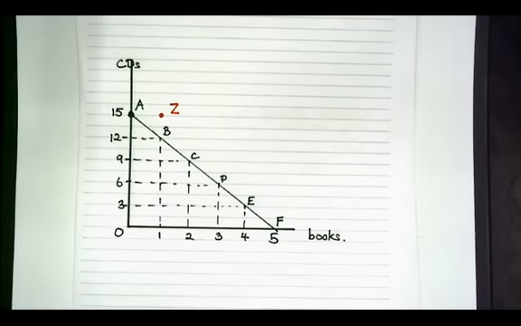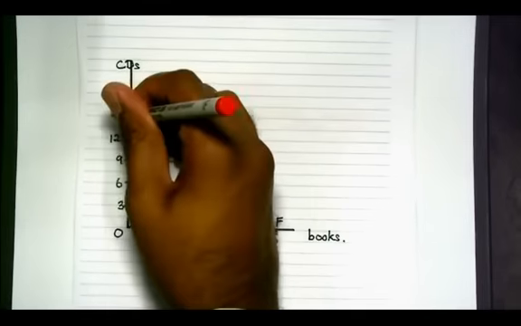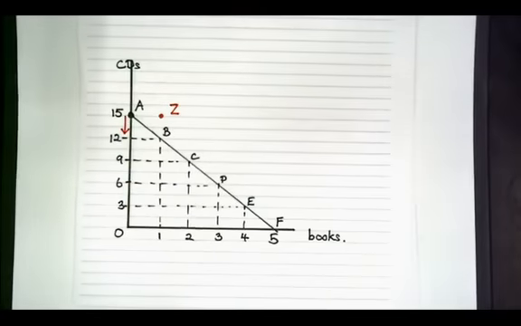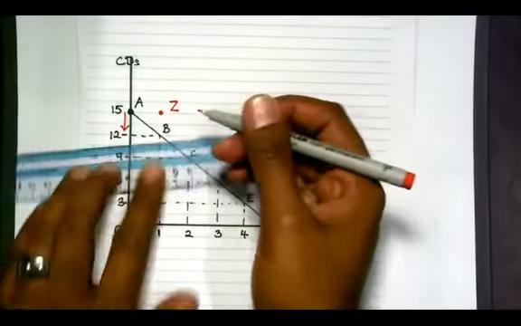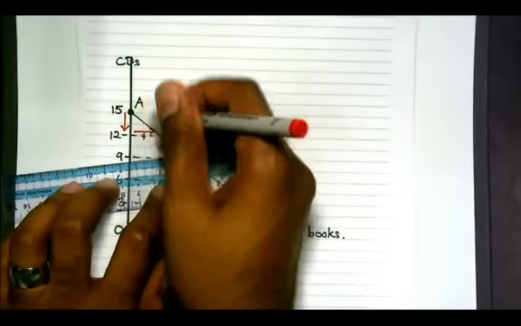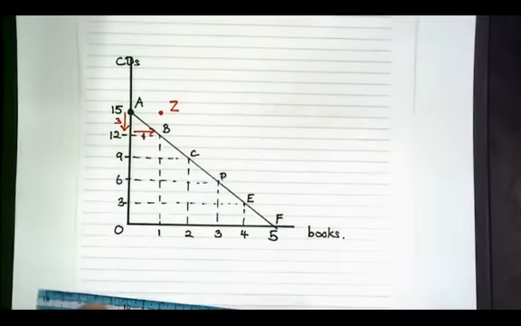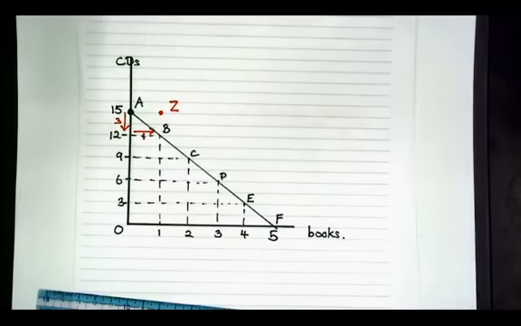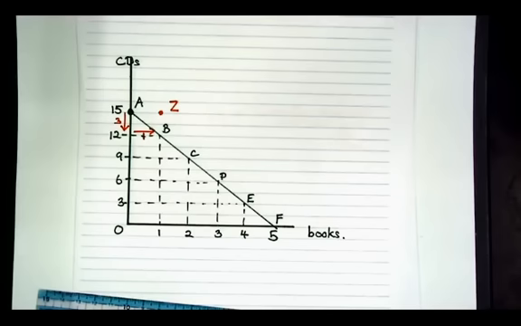To increase books, I will have to reduce the production of CDs. To increase the production of books by 1 unit, I will have to reduce the production of CDs by 3 units. Is that okay? What do I call what I give up? If you give up something, we use the term.